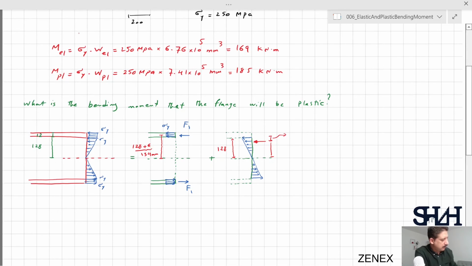So it will be 128 divided by 3, which is 42.7 and 85.3.